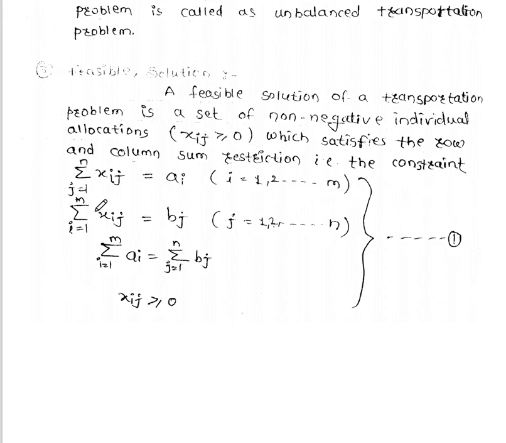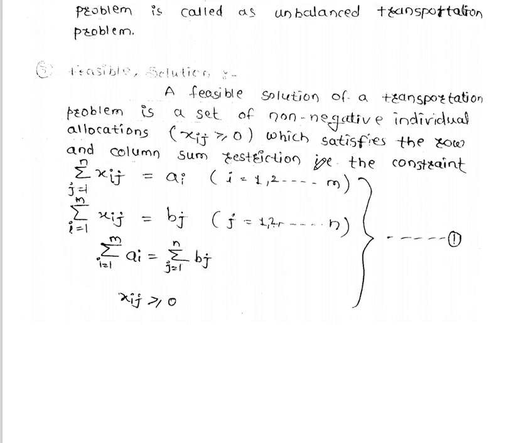These are the constraints: summation of xij equals ai, i equal to 1 to m; summation of xij equals bj, j equal to 1 to n; summation of ai equals summation of bj; xij greater than or equal to 0. So this is called a feasible solution.